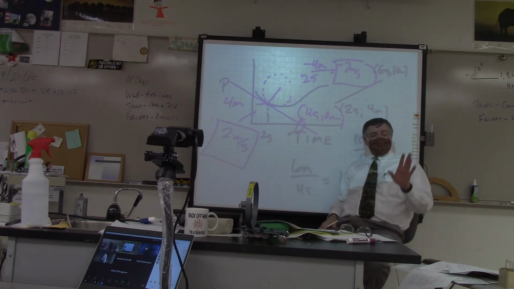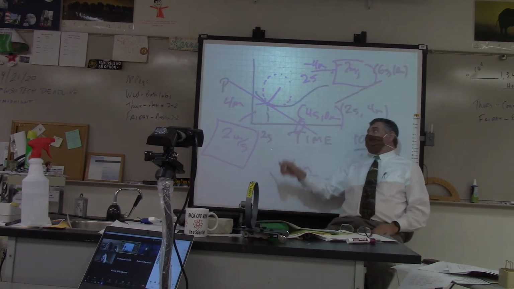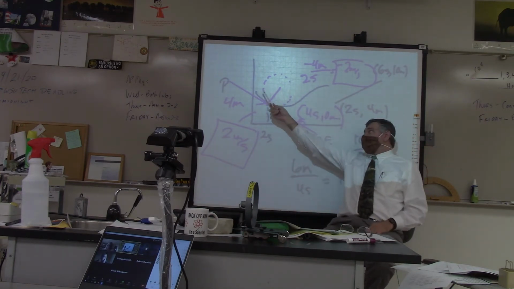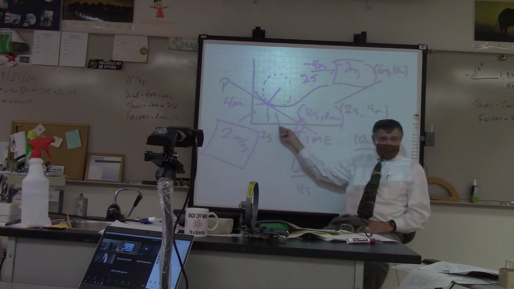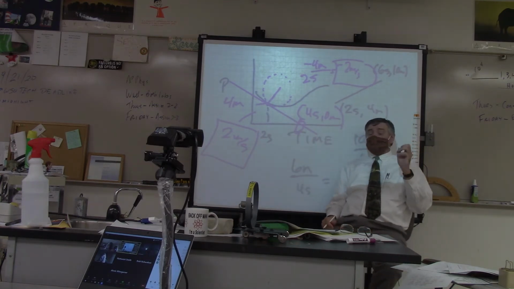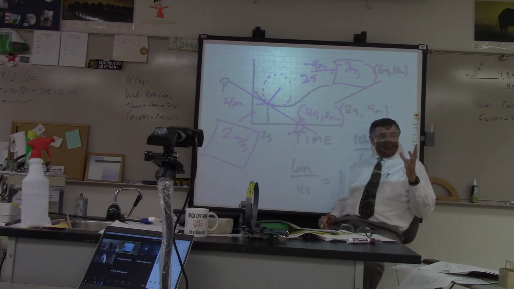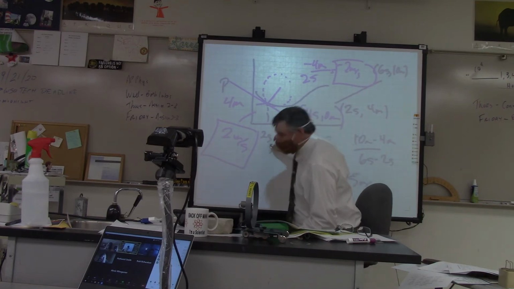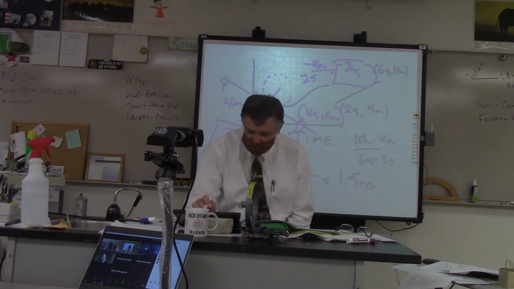So what's going to happen on your assignment, I'm going to give you data points to plot off of a roller coaster. And you're going to generate some curved line. And what I'm going to do is pick a point and say, okay, hey, what's the velocity at this instant? Now, let's say I go to this point right there, which is 3 seconds.